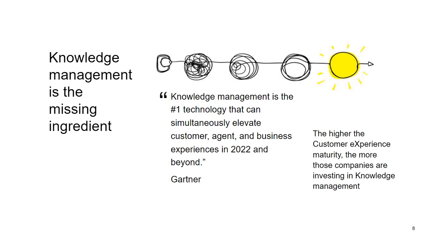Not just we have done this, but Gartner has done this, and I'm sure you've seen other surveys as well. Gartner, quote: knowledge management is the #1 technology that can simultaneously elevate customer, agent, and business experiences in 2022 and beyond. #1, okay? No longer laying pipes. It's all about putting good things through the pipes so that the customer experience can be much higher.